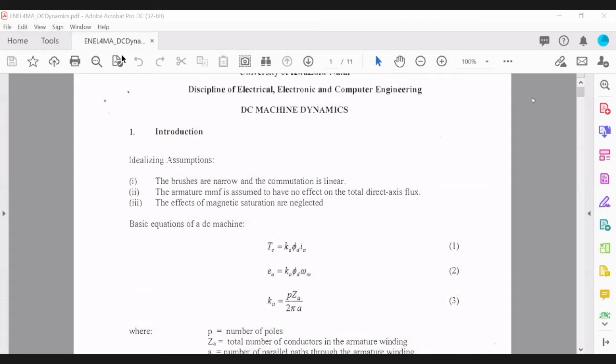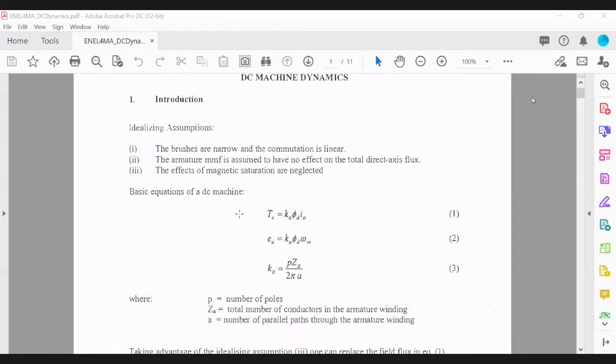Yeah, so as I said, we were taking those through few assumptions. The last assumption, what is also very important in the derivation, is that we are neglecting the effect of saturation in the machine.